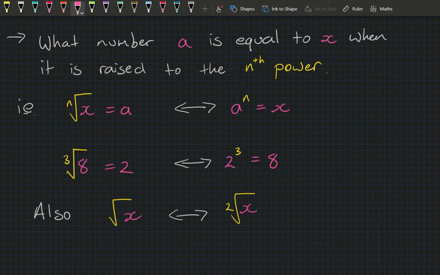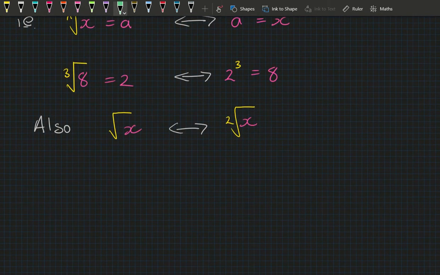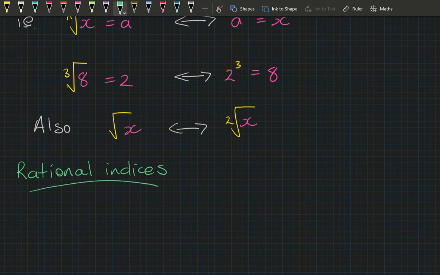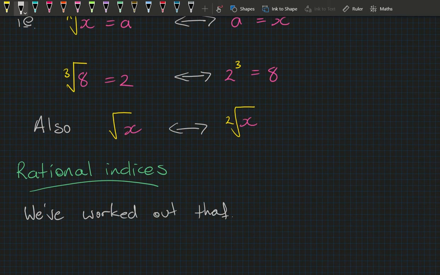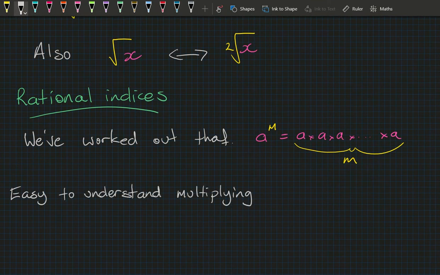Okay, so in this lesson, we're going to put all of these ideas together to start to learn all about rational indices. So hang on for a second there. We've worked out that a to the m is multiplying m a's together. And it's pretty easy to understand multiplying that countable amount of a's together.